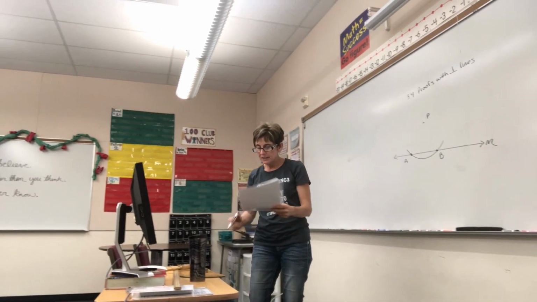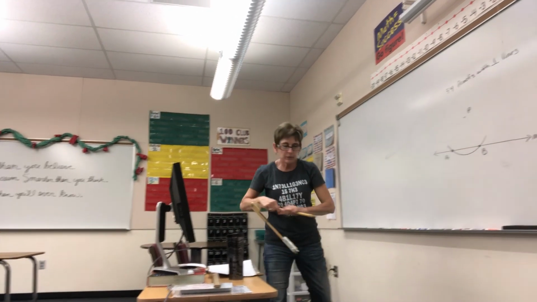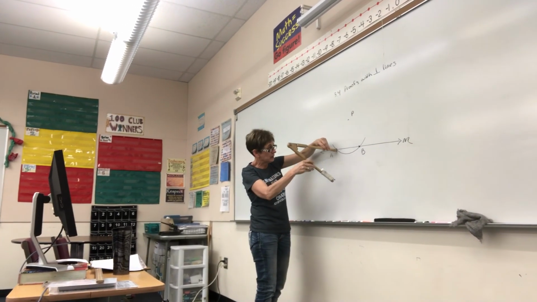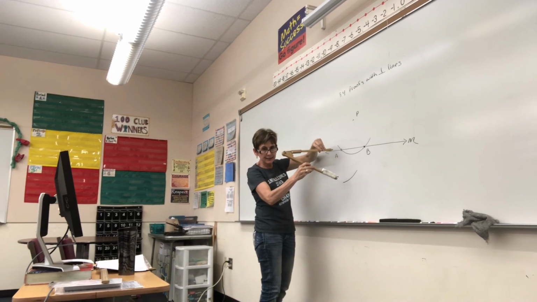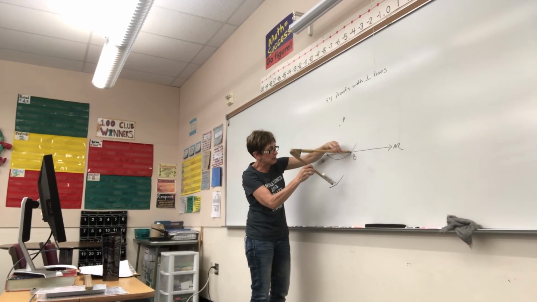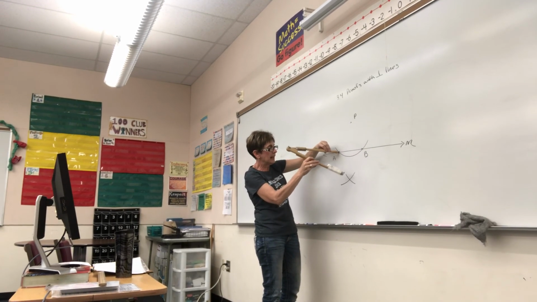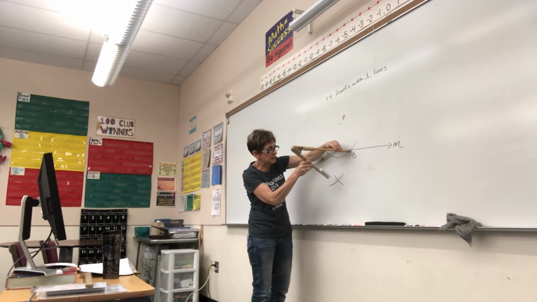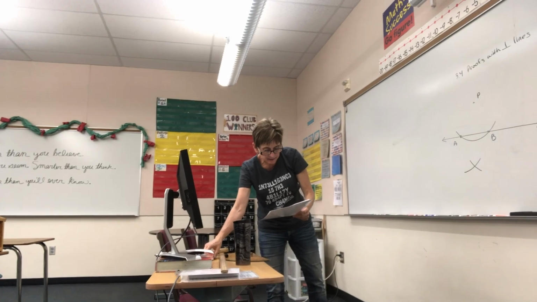Then we want to put the tip of our compass at point A and draw an arc below the line. Now, keep your compass tightened when you're here. We're going to draw an arc down there. Keeping that same setting, put the tip at B and draw another arc. So we put our tip on A, we drew one arc, we made sure that the compass was tight, we moved the tip to B, and we drew another arc using that same setting.